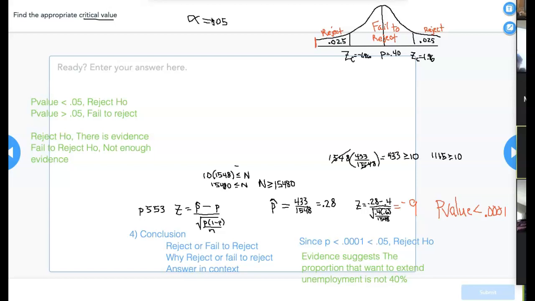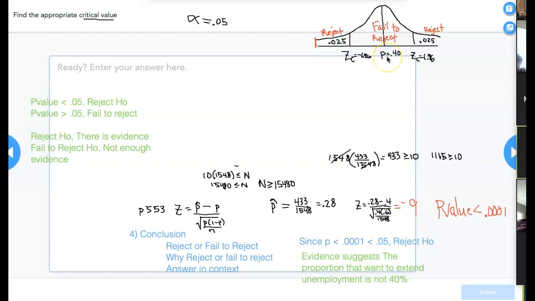Well, that's kind of like saying there is evidence that the mean or the proportion is 40%. So we try to avoid that situation by using the words difference or no difference. In H0, that means that there's no difference between the sample mean or sample proportion and population proportion.